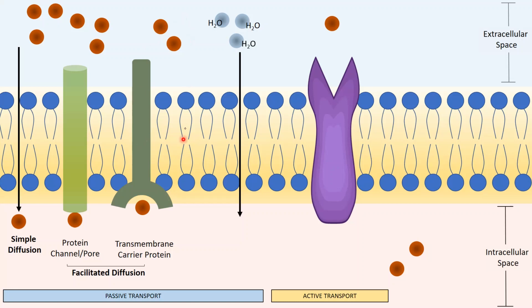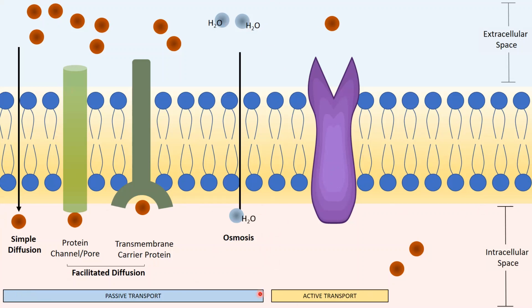And in this structure, we see a change in conformation, and that we call a facilitated diffusion using a transmembrane carrier protein. And this is basically the movement of water from a higher water volume to a lower area of water volume, and this, as you know, is called osmosis. And these are all forms of passive transport.